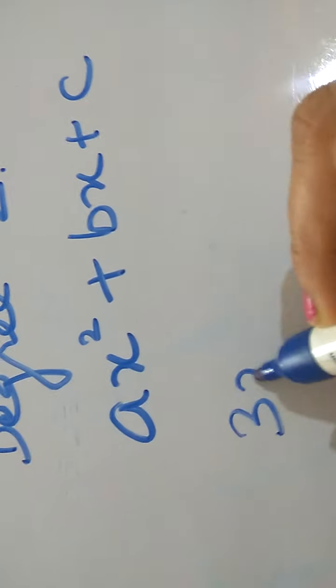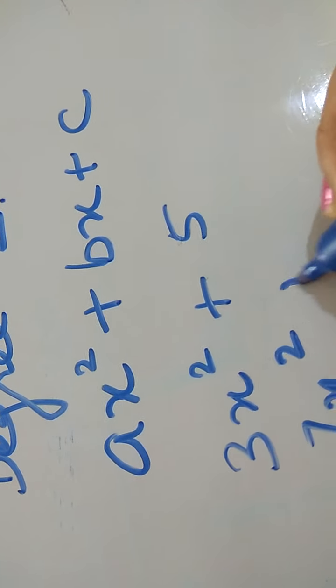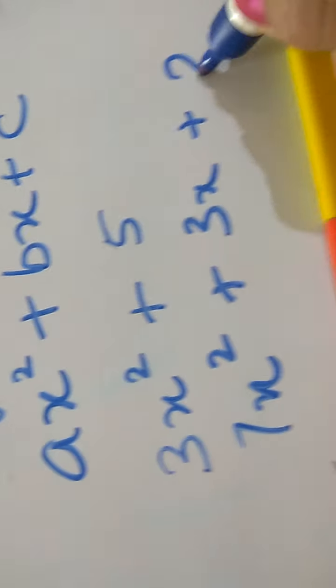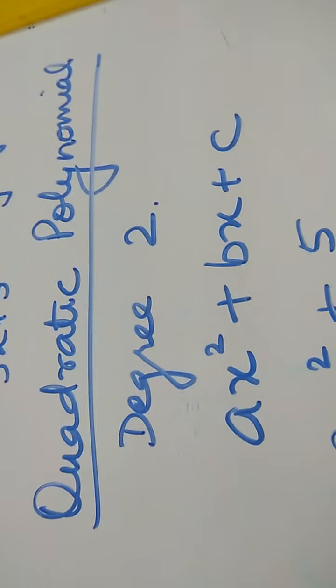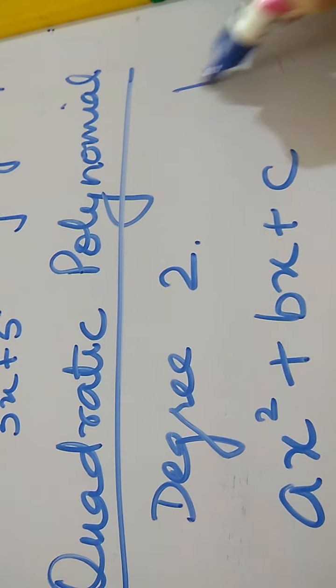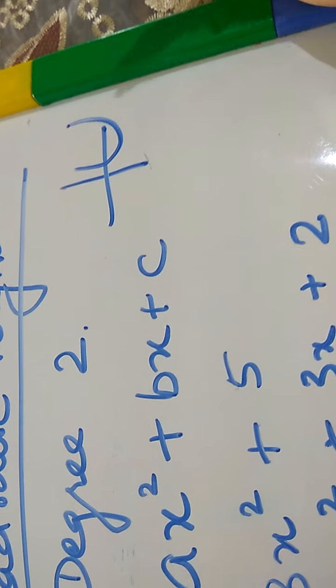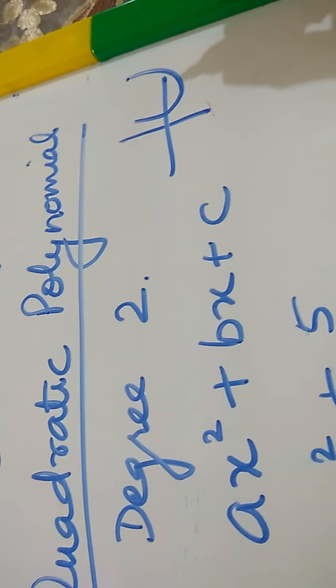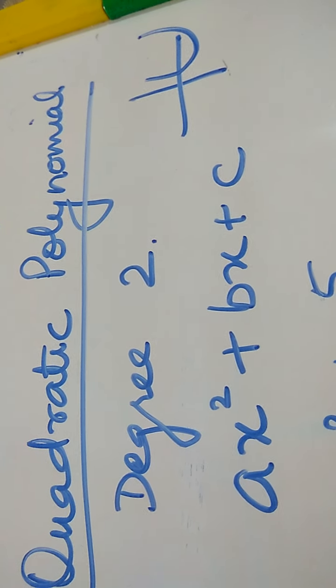Examples could be 3x square plus 5, 7x square plus 3x plus 2. When we draw the curve or the graph for this kind of polynomial, then we will get a curved figure, something like this. This is called a parabola. We will not get a straight line, we will get curves.